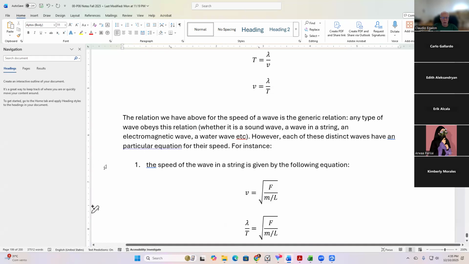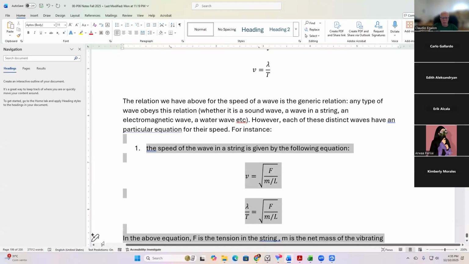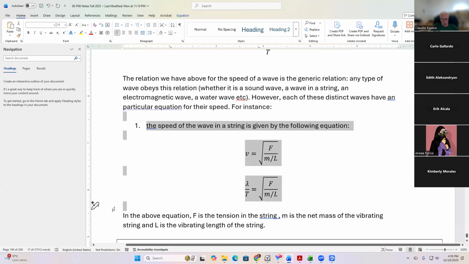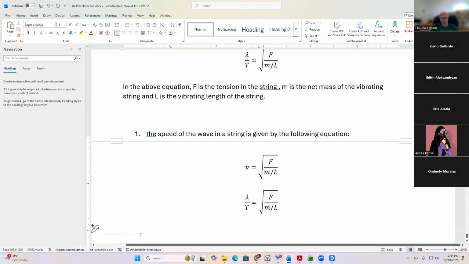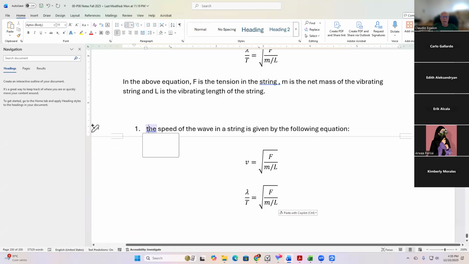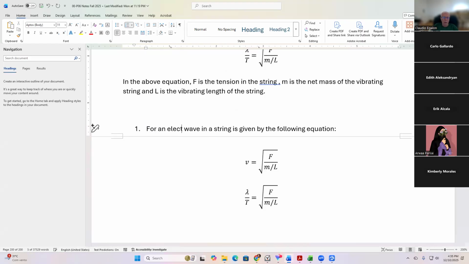I'm going to give you another example. Instead of a string, let's talk about electromagnetic waves. For an electromagnetic wave, what do we know? It's also possible to prove that, but it requires advanced math.